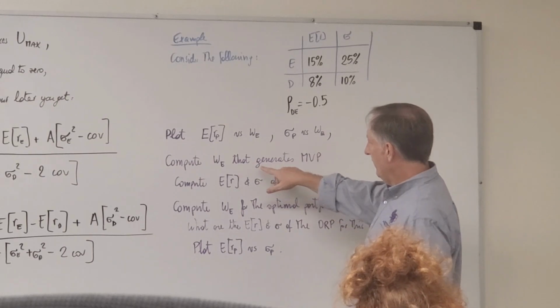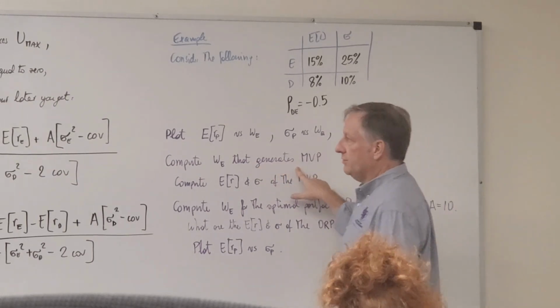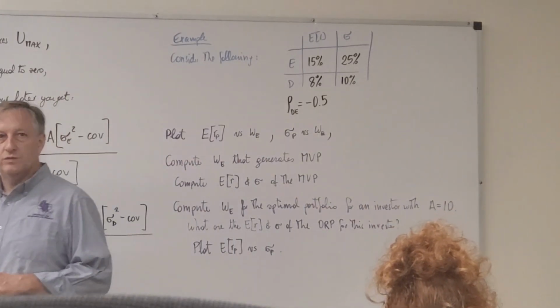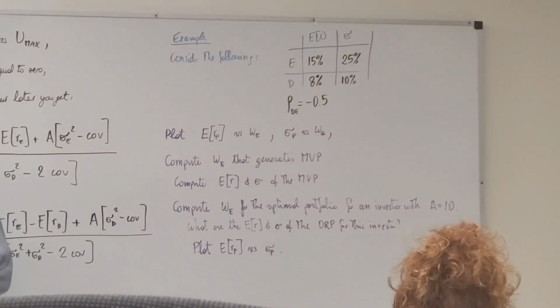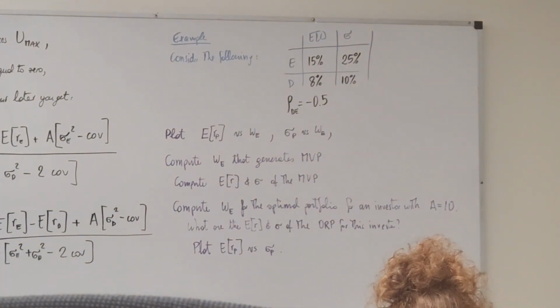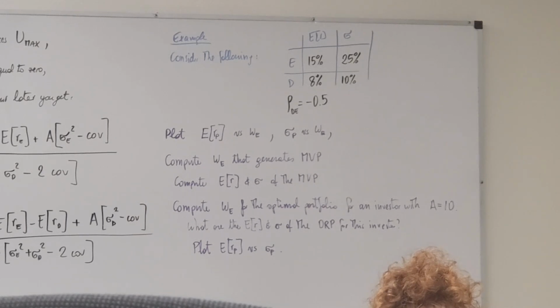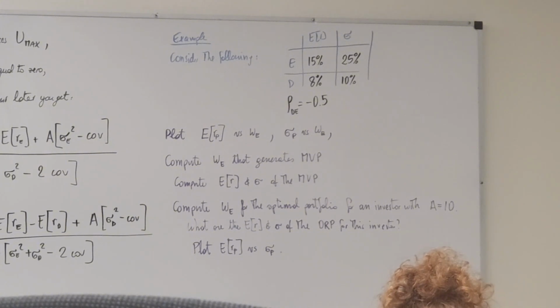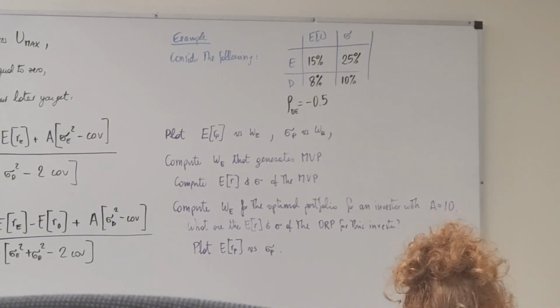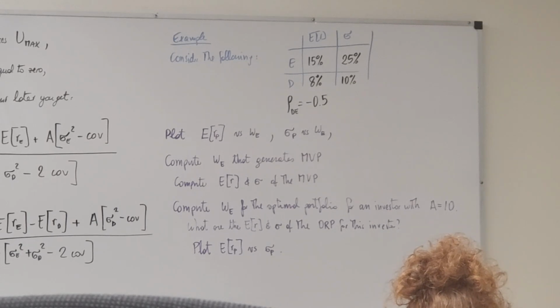So, compute the weight of equity that generates the minimum variance portfolio. Which formula should we use? It's on the board. The one that gives you the smallest risk. It's the one in blue, right? This one here. So let's think about this. This is using the risk squared and it's using covariance, right?